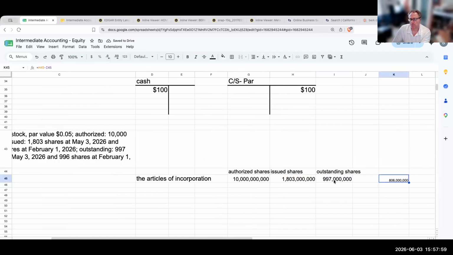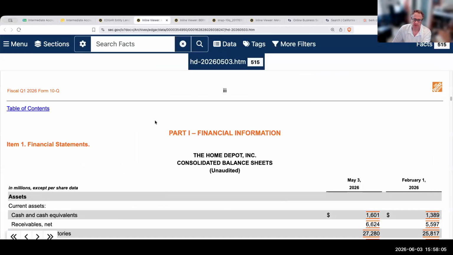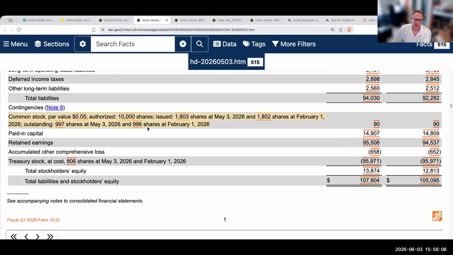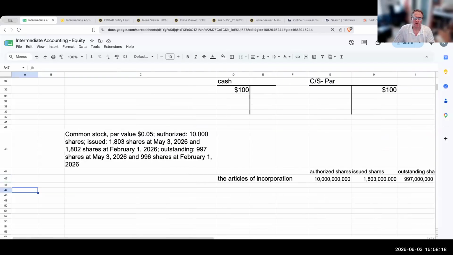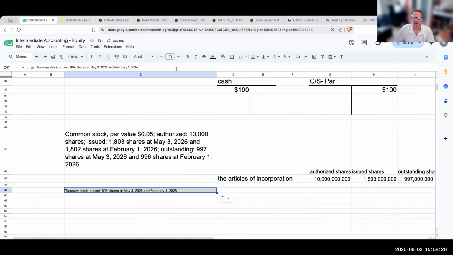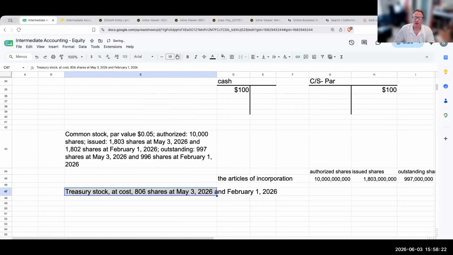Well, what this essentially means is that the Home Depot has gone out and repurchased stock. They've gone out into the open market and been buying back their own shares. And this is what we call treasury stock.